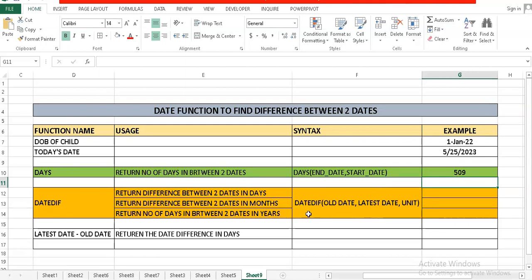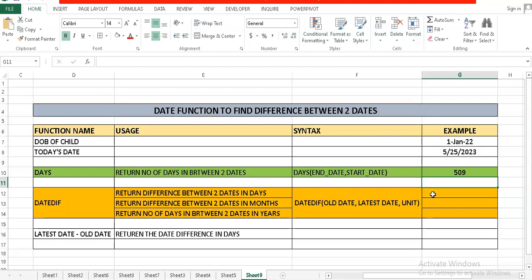Syntax of the DATEDIF function is DATEDIF into the bracket, old date, comma, latest date, the current date, comma, unit. Unit means in which form you want to return the difference between two dates. It may be days, months, or years. You have to mention it in the formula.